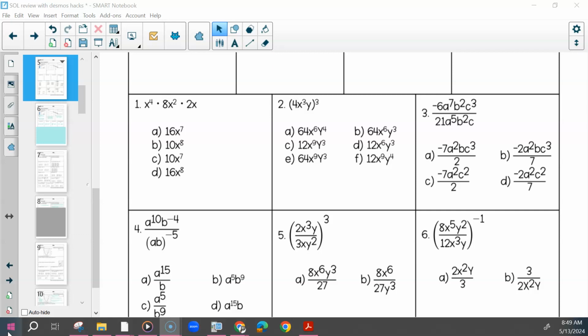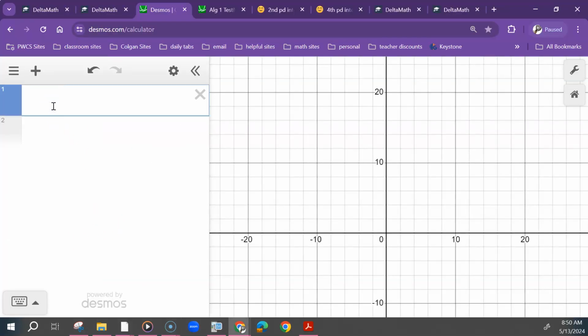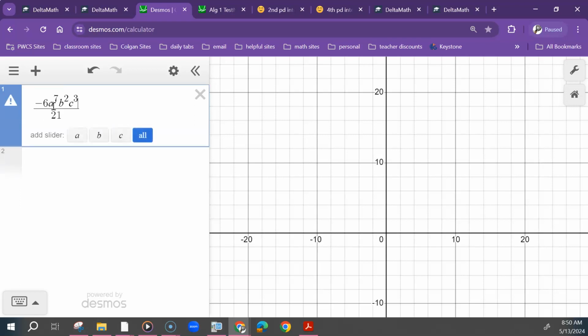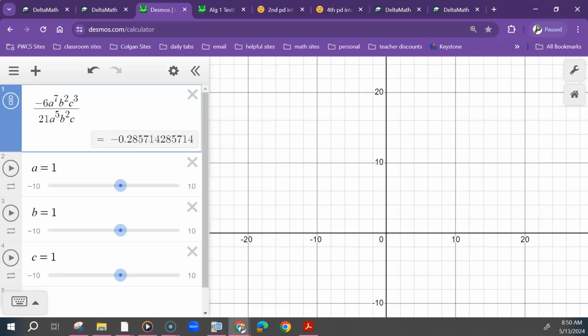So go ahead and start doing that into Desmos. And once you have your original in there and have the whole thing, you're going to add in all the sliders and just change the values to something.